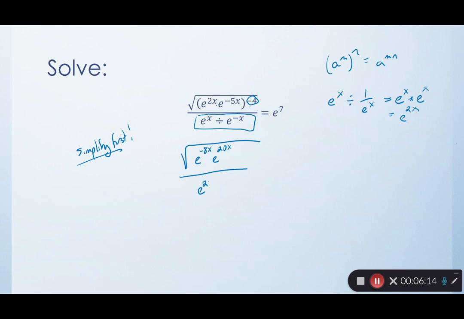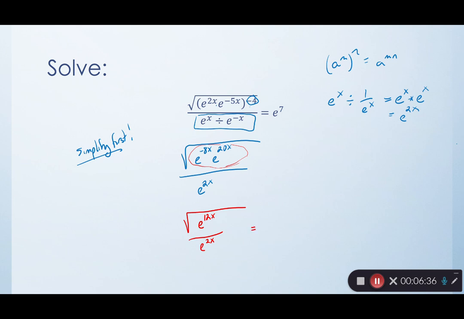We've got e to the 2x here. Now, we can deal with the e to the negative 8x times e to the 20x using our product rule. So we're going to add our powers. So we've got the square root of e to the 12x all over e to the 2x.